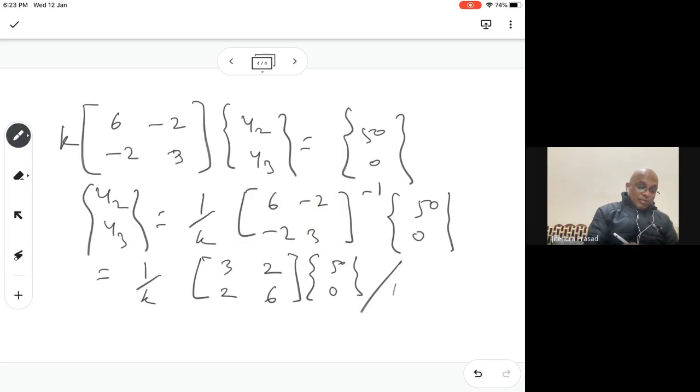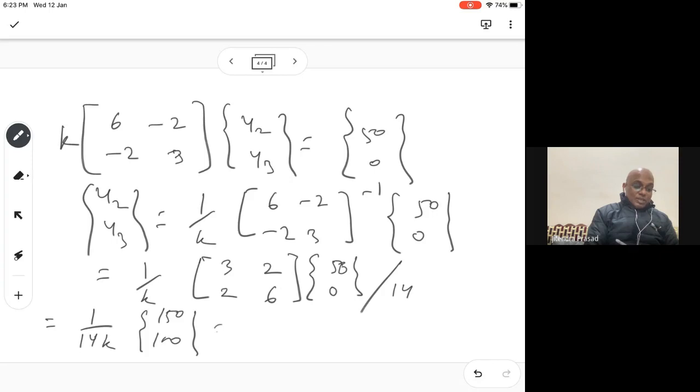So we get 1 over 14k, and multiplying, we get 150 here and 100 here.